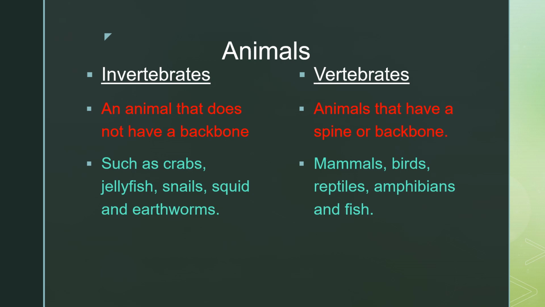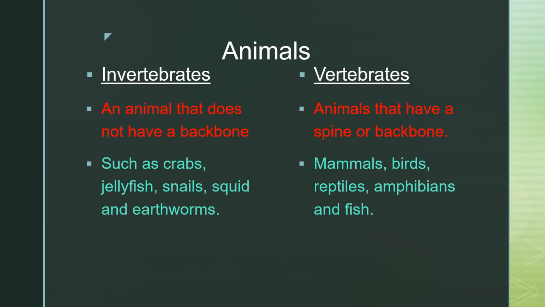When zoologists started learning about animals, they could see that there were many kinds of animals, and that they all looked different from one another and had different characteristics. So they split the animals up into two main groups.